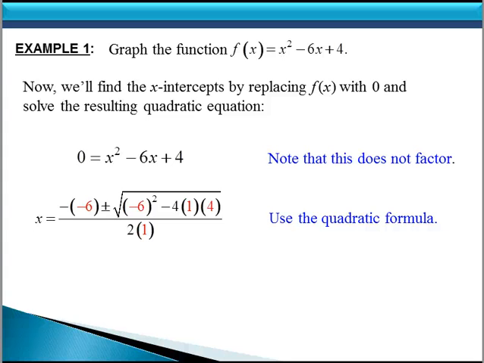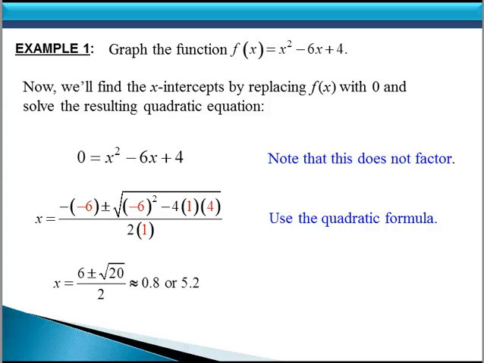So if we simplify that up a little bit, negative negative 6 would simplify to 6. And then if you simplify everything underneath the square root sign, that will simplify to a positive 20. And then that's all divided by 2. Now we could simplify this a little bit more if we wanted simplified radical form, but because we're using this to find the x-intercepts, we really just need to find the decimal estimations of these two values that we're getting here.